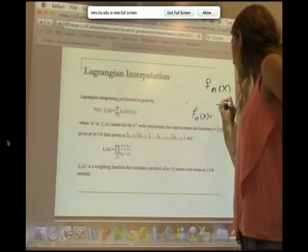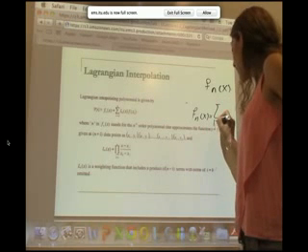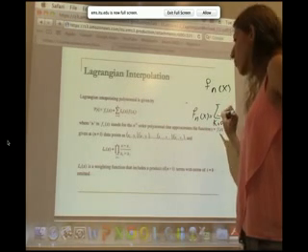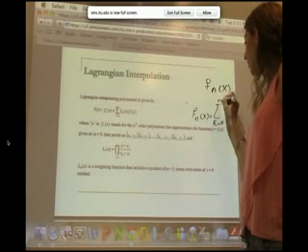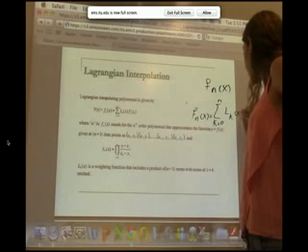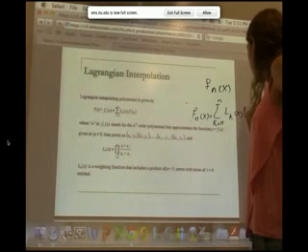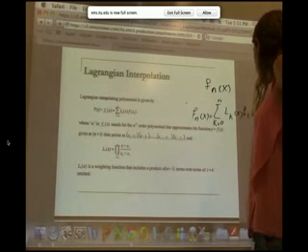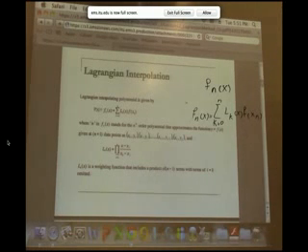It's the summation from k equals 0 to n of lk of x times f of xk. This is how I'm going to define my function. But we have a problem: I don't know what lk of x is, and I have to figure it out.